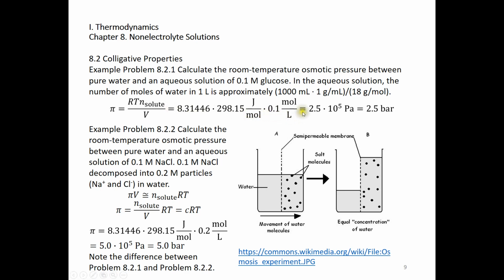So we put all the things together. We have this times 0.1, and then times 1,000 pascals. I think we'll get this many pascals, and that's 2.5 bars. The osmotic pressure between pure water and 0.1 molar glucose is 2.5 bars.